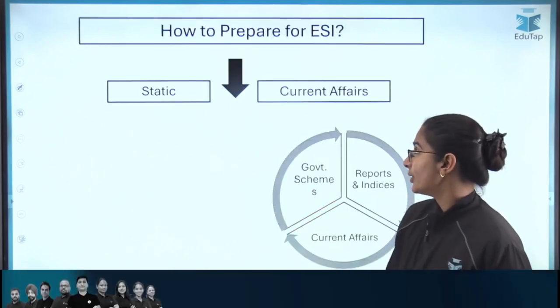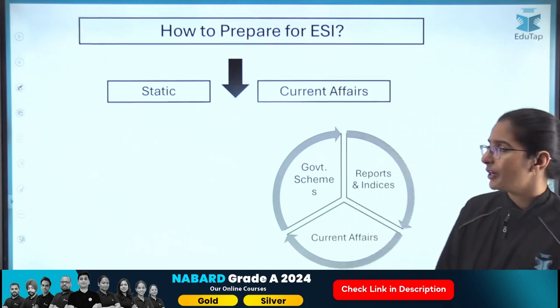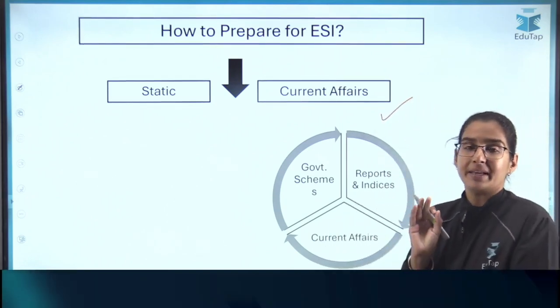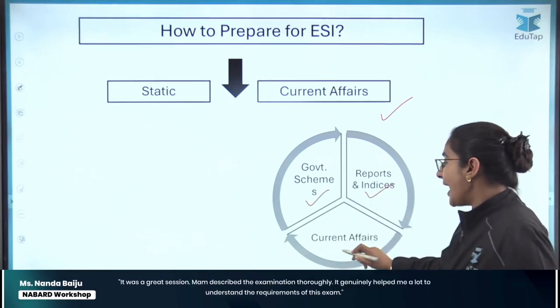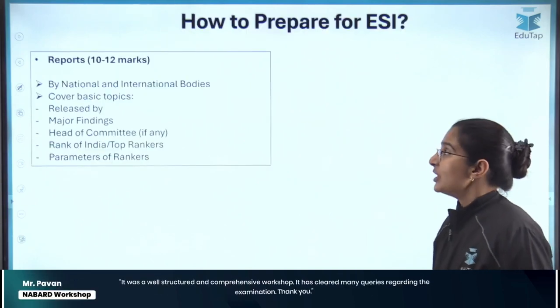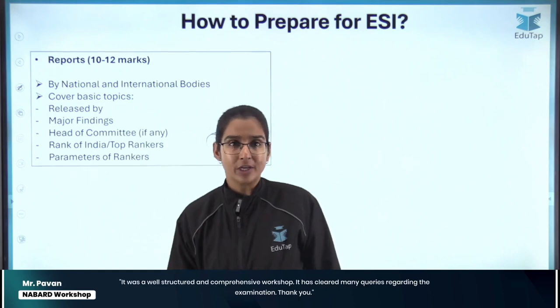Now let us move towards a very important component, and not just very important but the most important component of the ESI, which is the current affairs. The current affairs can be divided into 3 parts: the government schemes, reports, and the general ESI related current affairs. Now, how you have to cover them? First of all, if I talk about the reports, what reports are actually being asked?